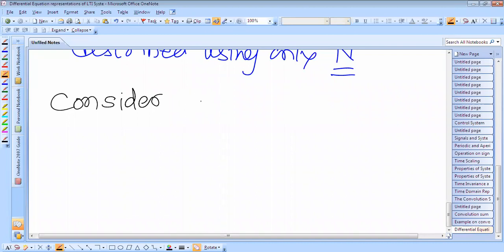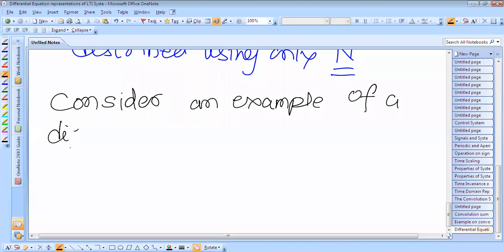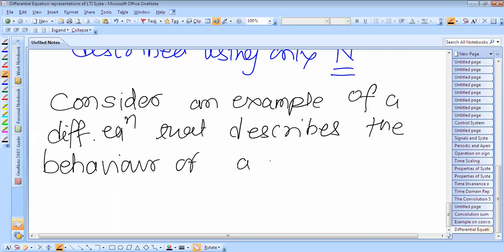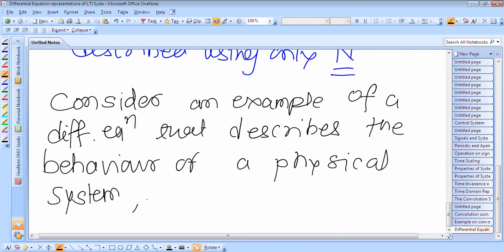Consider an example of a differential equation that describes the behavior of a physical system.